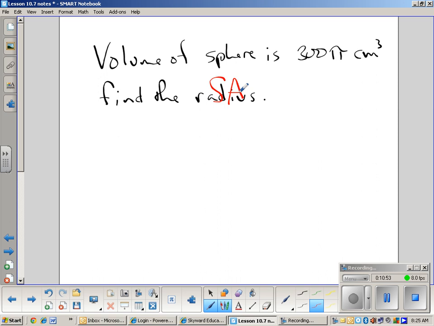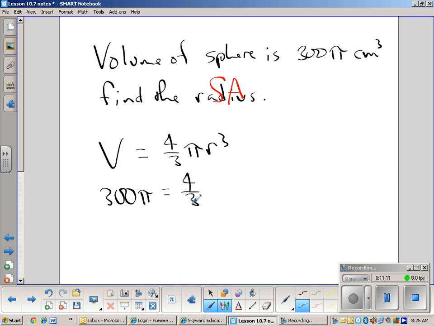You have to know the radius to find the volume. What's the formula for volume? 4/3 times pi r cubed. And we know the volume is 300 pi.